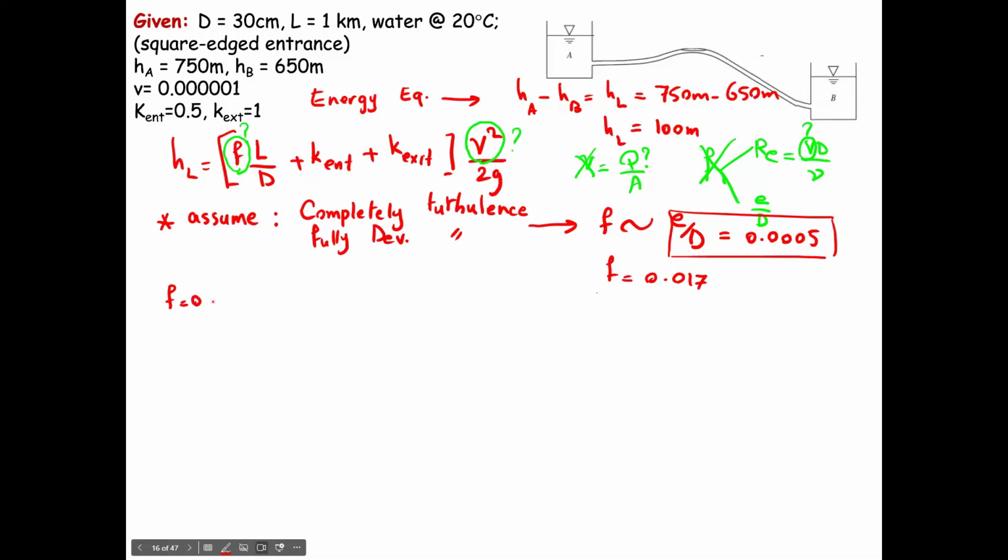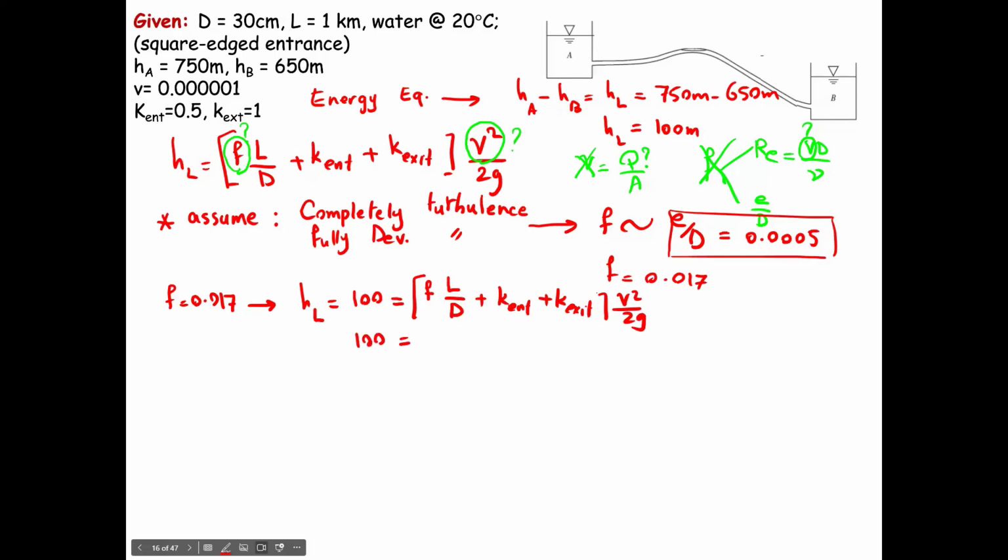I will start solving that based on my assumption. I want to make sure that the assumption is not very off. So I have F. I will start from here. HL equal to 100 equal to F L over D plus K of entrance plus K of exit, V square over 2G.